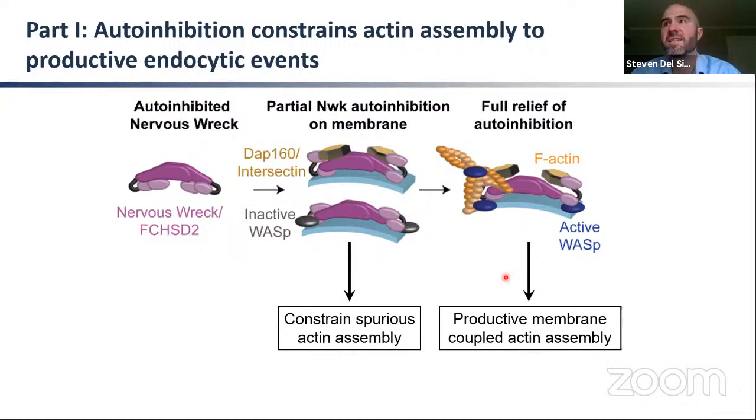Another possibility is that they represent a failure of maturation or scission of an initiated endocytic event, and this would be consistent with work from the De Camilli lab. He's shown both in synapses and in macrophages that you can get this sort of comet-like actin assembly when you don't normally mature, and so I think that's maybe the most likely.